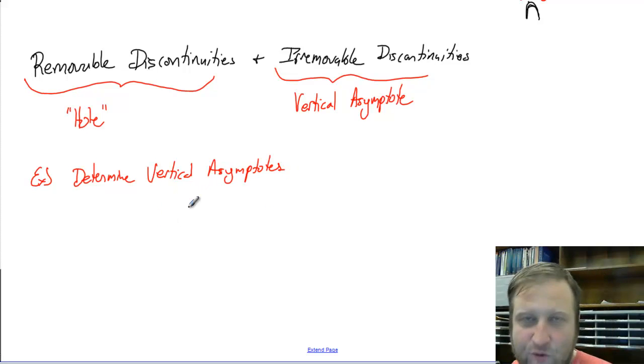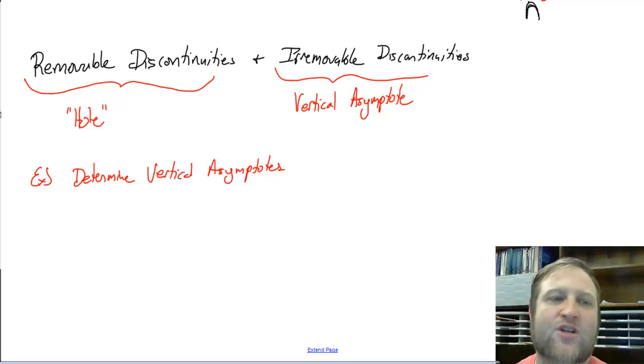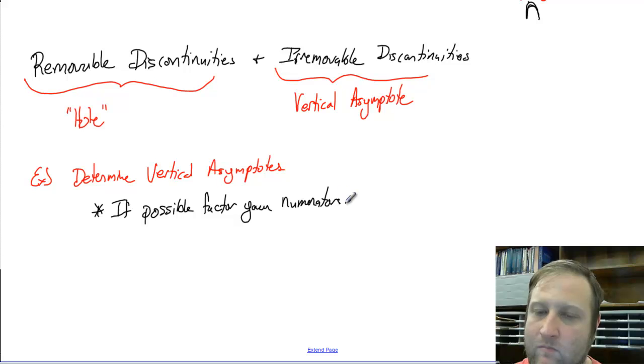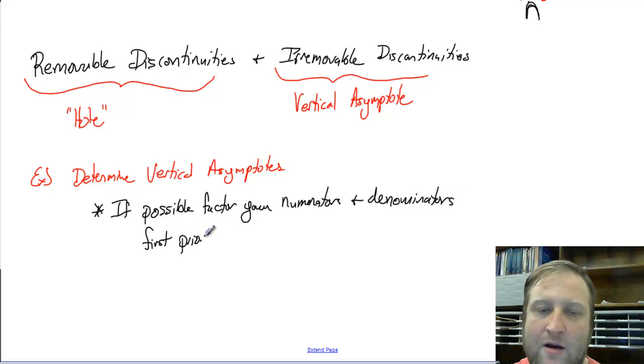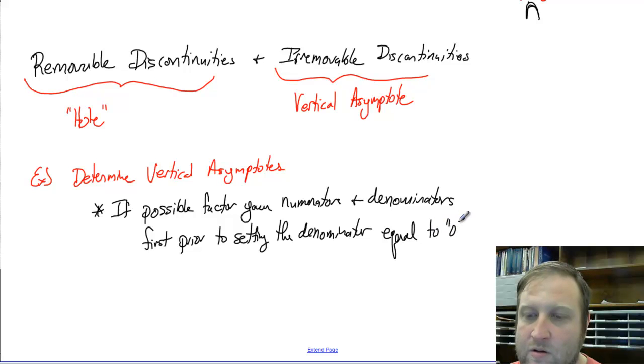I know before in the instructions we said we always want to find vertical asymptotes by setting the denominator equal to 0. Here I'm going to change around the steps slightly. I'm going to say, if possible, factor your numerators and denominators first, prior to setting the denominator equal to 0.